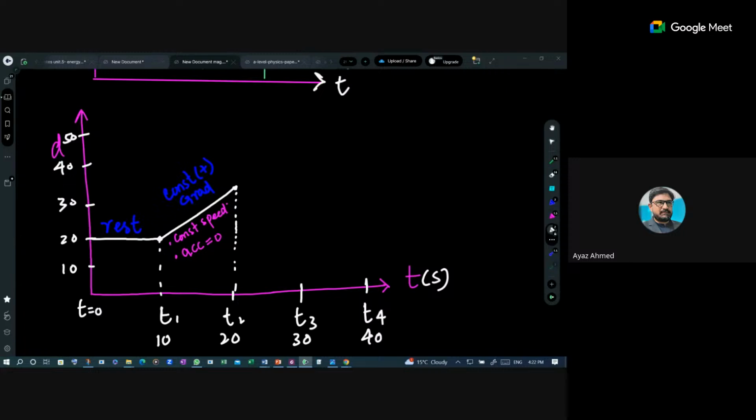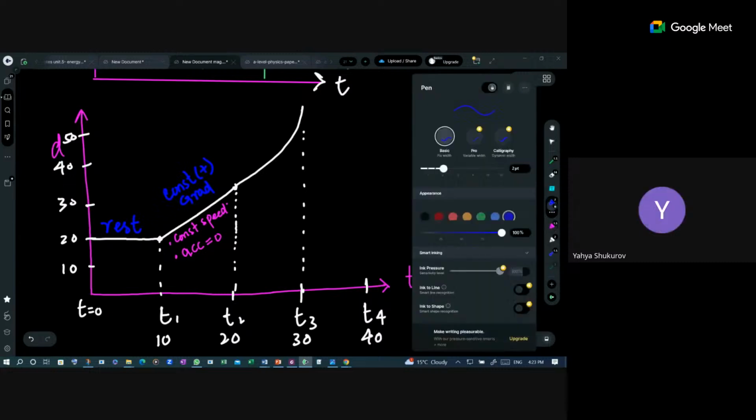Then let's have another motion till this point. Let me draw the segment. What do you think about this behavior from the 20th to the 32nd second? Is its gradient increasing? Yes. In a distance-time graph, the gradient is basically speed.